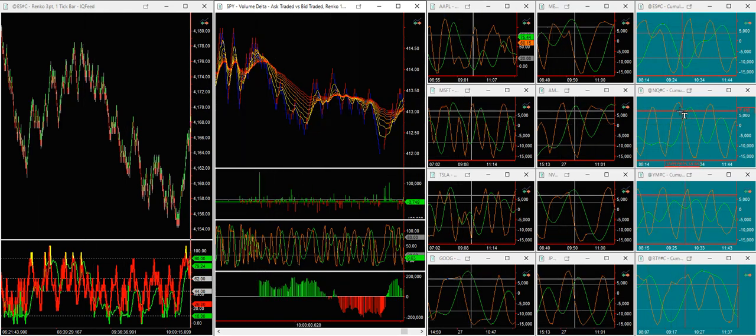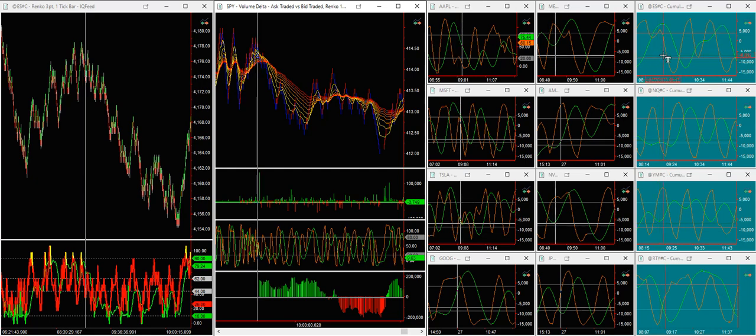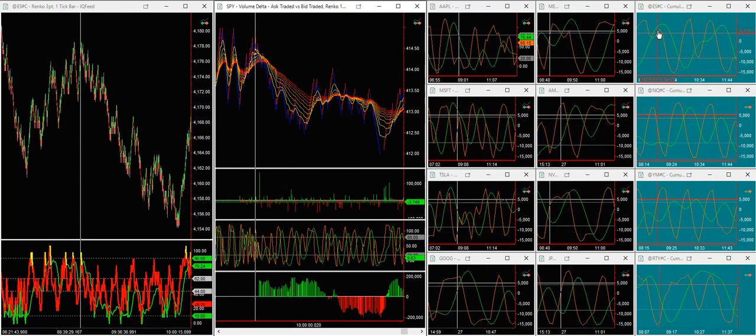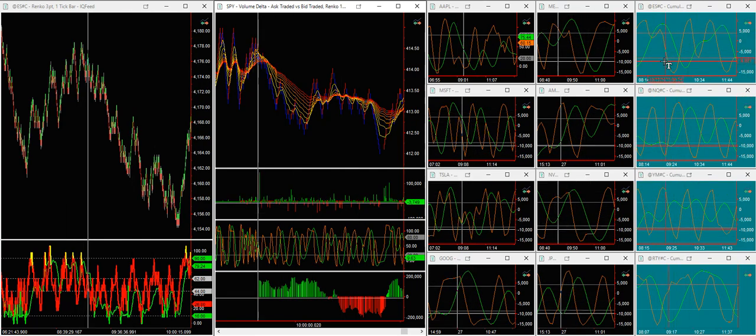So first of all, look at the green one. As I was saying, this is a green oscillation which is smaller and smoother, and the orange one is much faster.